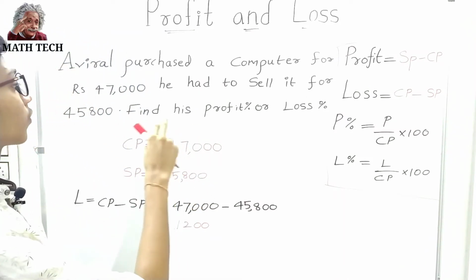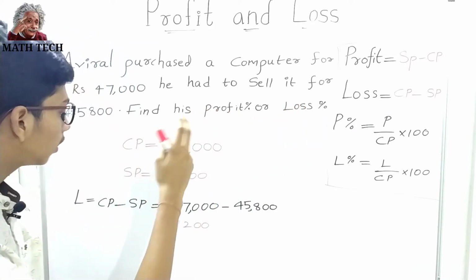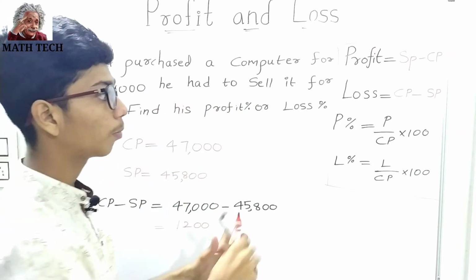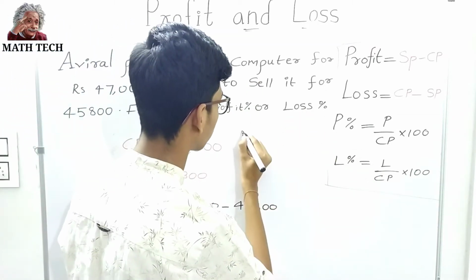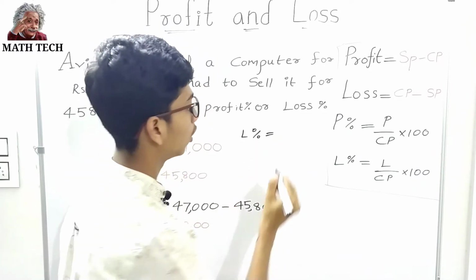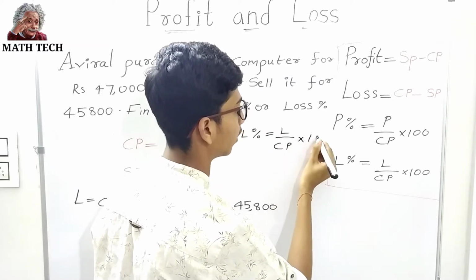So he said to find the profit or loss percentage. Here he got the loss, so loss percentage. What is the formula of loss percentage? Loss percentage is equal to loss by CP into 100.